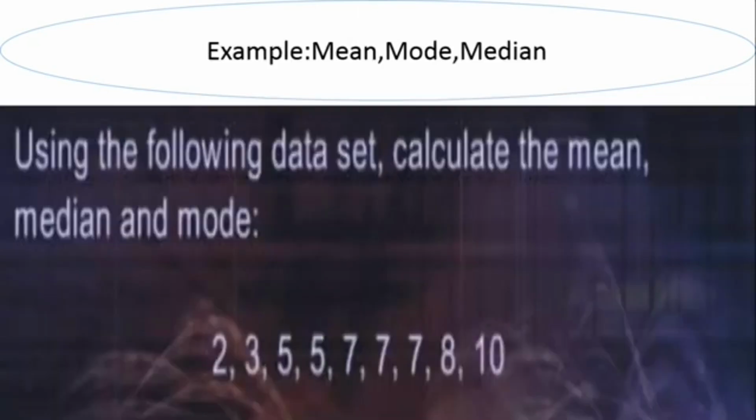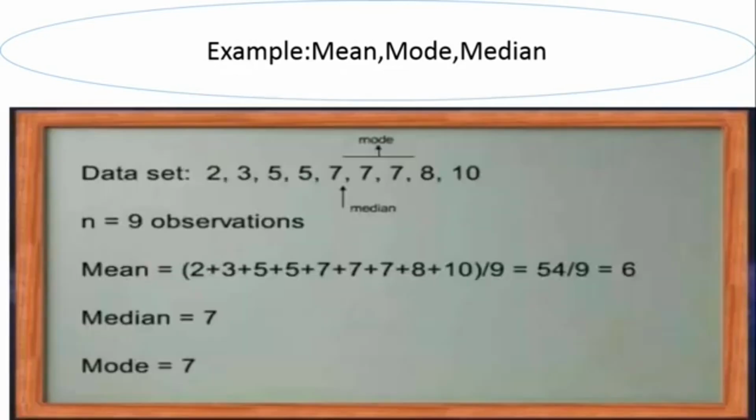For example, we can use the mean, mode, and median for the following sample: 2, 3, 5, 5, 7, 7, 7, 8, and 10. What follows is the procedure to see how to calculate these three indicators.